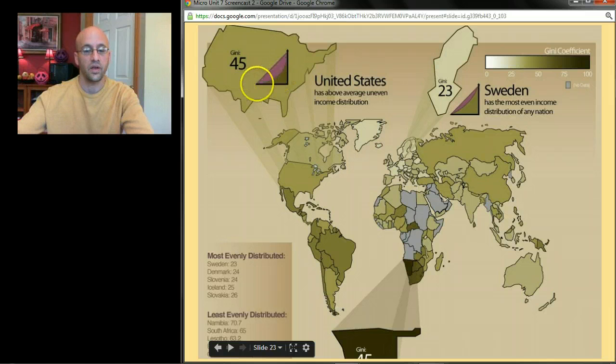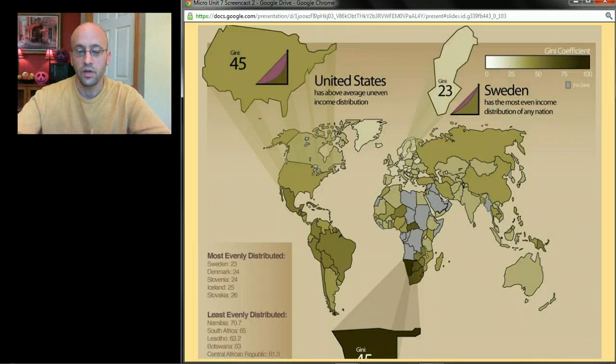And notice that it deviates pretty strongly away from this 45-degree diagonal line. In other words, in the United States, 50% of the population only have maybe 20% of the income. You can use the Lorenz curve to see exactly how unequal or fair, if that's the word you want to use, income distribution is in a certain country.